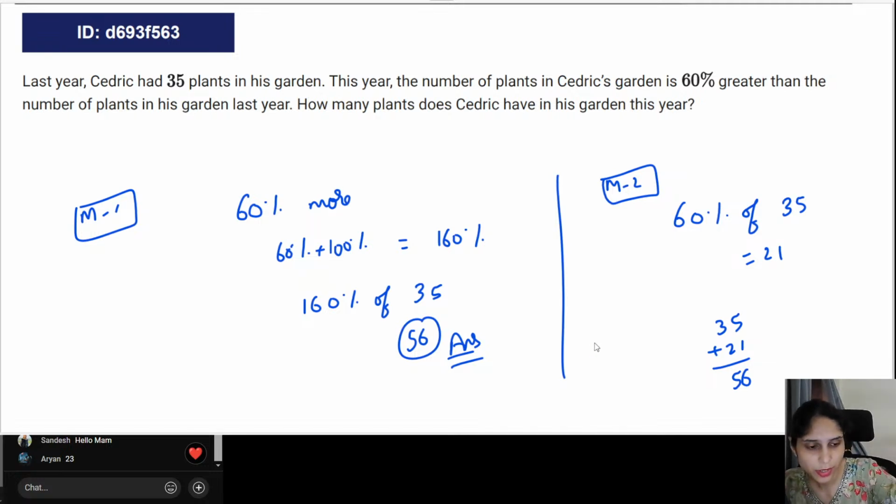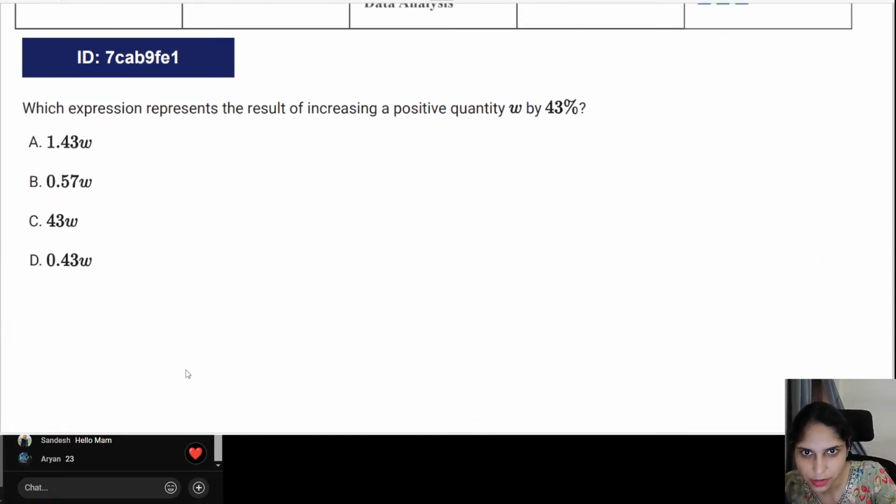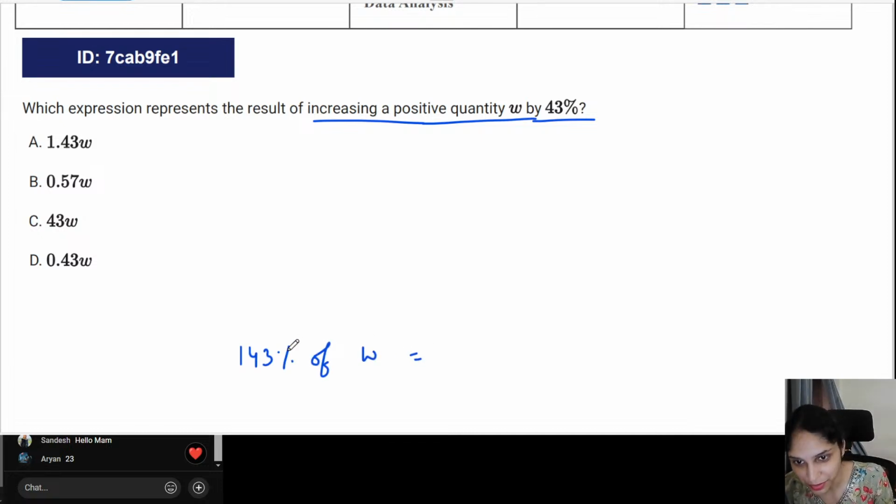Next medium question is question number 13. Which expression represents the result of increasing a positive quantity W by 43%? That means 143% of W. And 143% means you have to put the decimal before the last two digits.